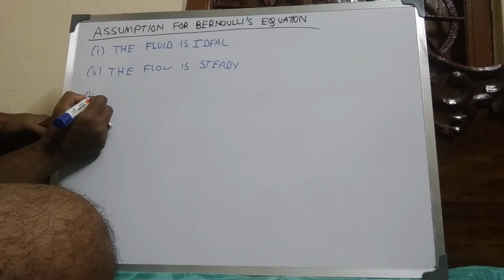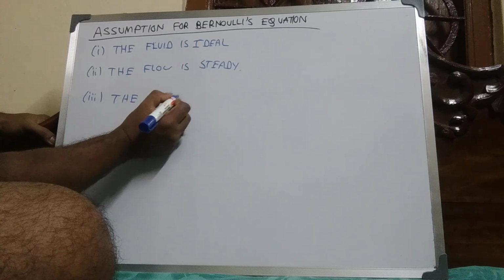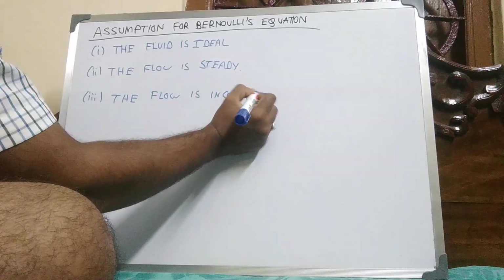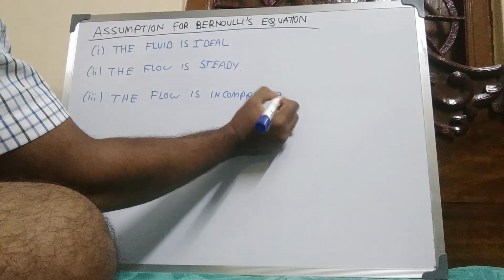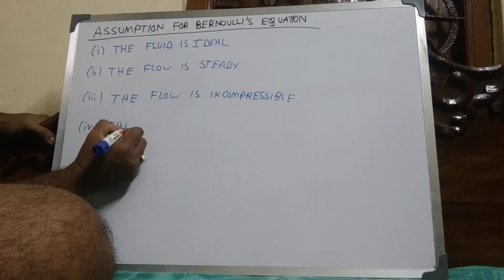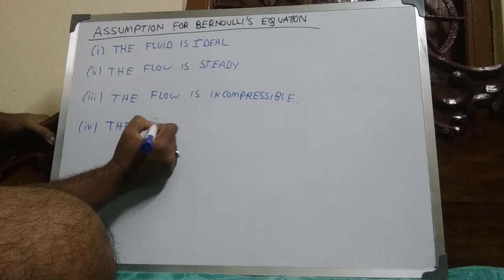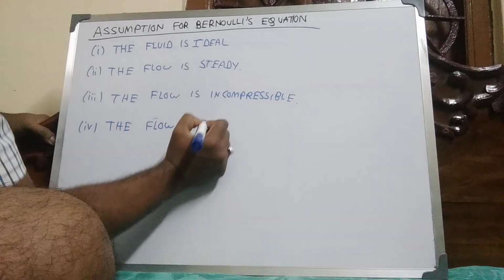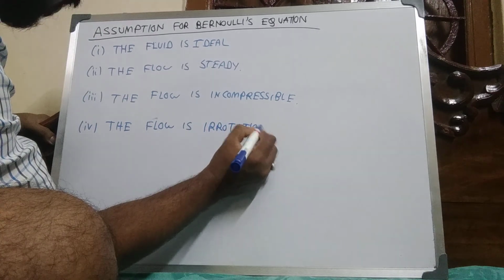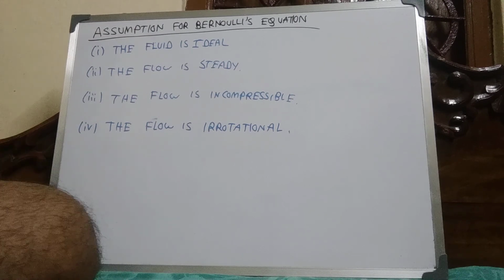Number three, the flow is incompressible. Number four, the flow is irrotational. Understand? These four are very, very important.